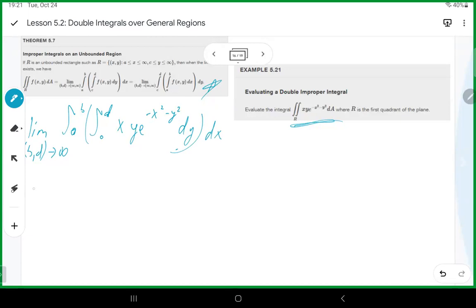You're going to rewrite that limit. I'm not going to. Please rewrite it. 0 to D. Now we're switching it a little bit.